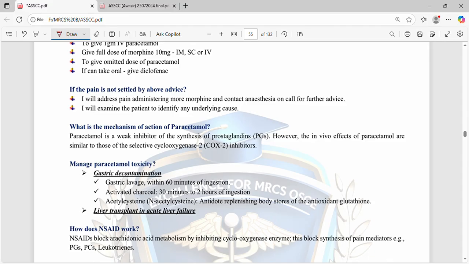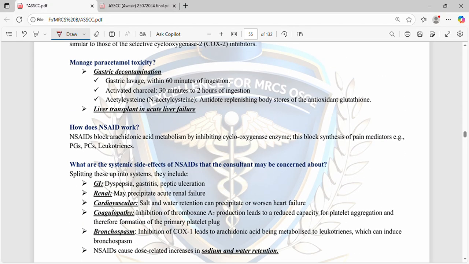Glutathione is an antioxidant, and it protects the cell from reactive species. When there is no glutathione, the hepatocytes will die, and it can cause centrilobular necrosis. So by giving N-acetylcysteine, you are actually replenishing glutathione, so it will help. Liver transplant in acute liver failure, fulminant failure.